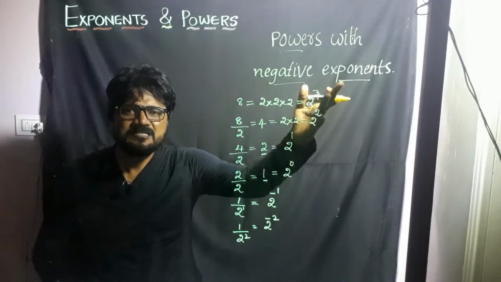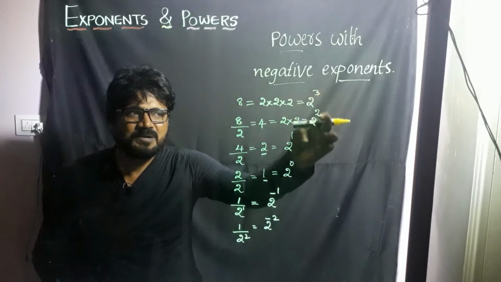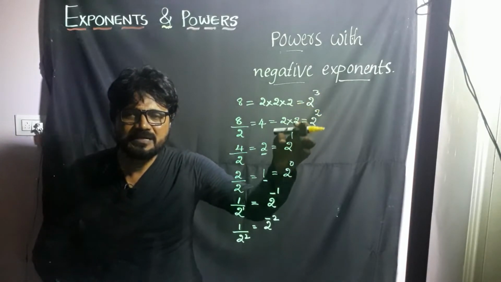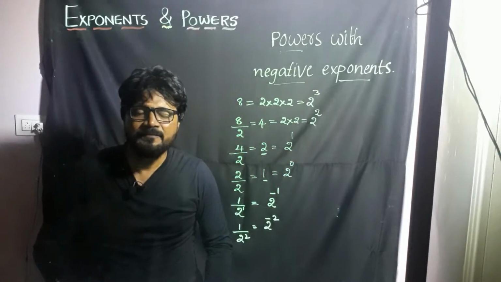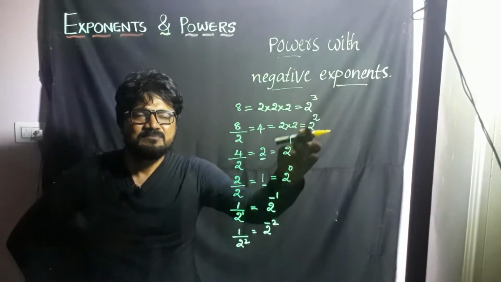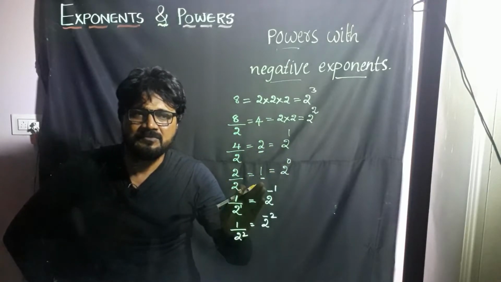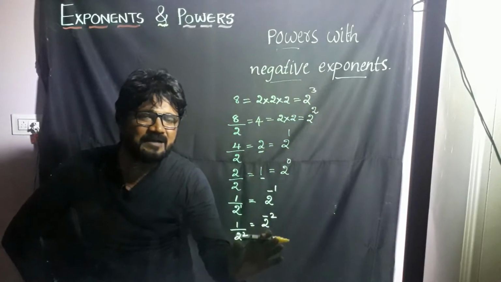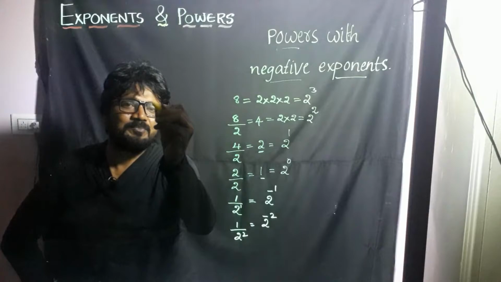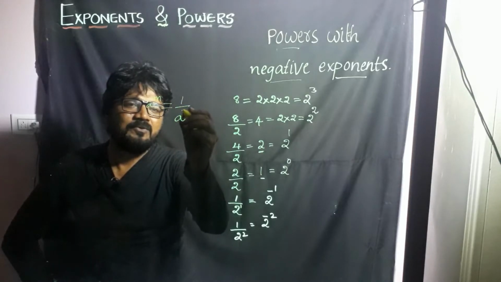Now if you observe this pattern, you can say that as the exponent decreases by one, the value becomes 1/2 of the previous value. Once again I repeat, the exponent decreases by 1, the value becomes 1/2 of the previous value. So like this you can find powers with negative exponents. From this pattern you can say that a to the power of minus m is equal to 1 by a to the power of m.